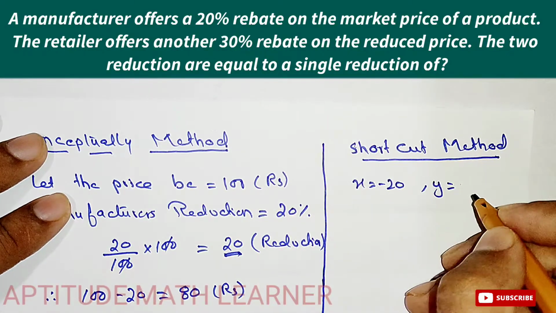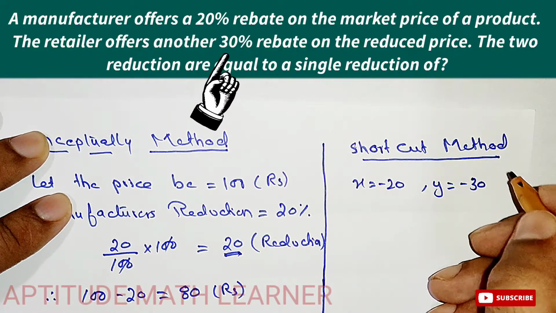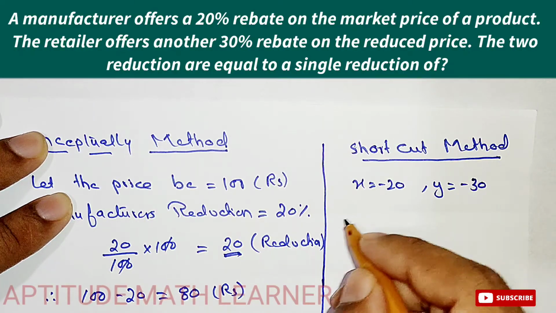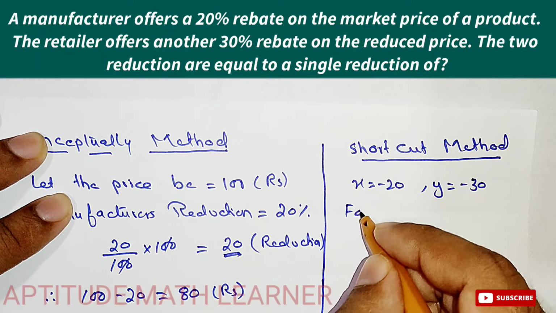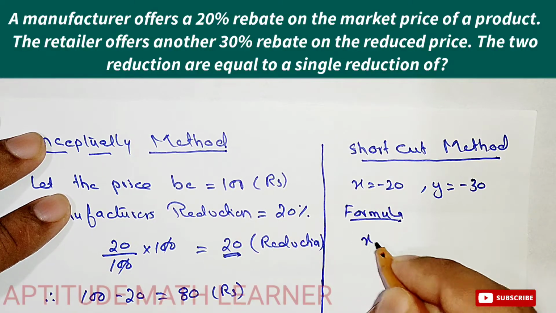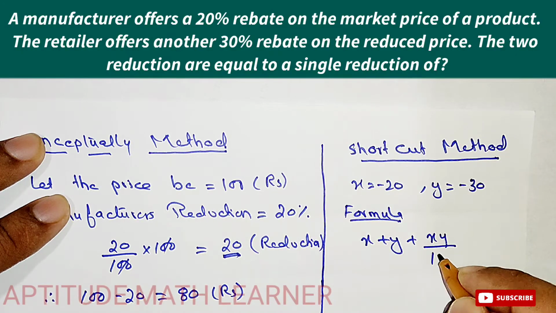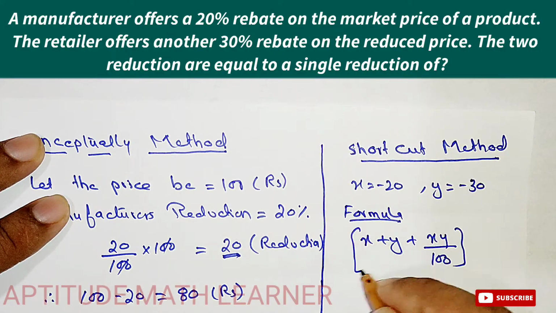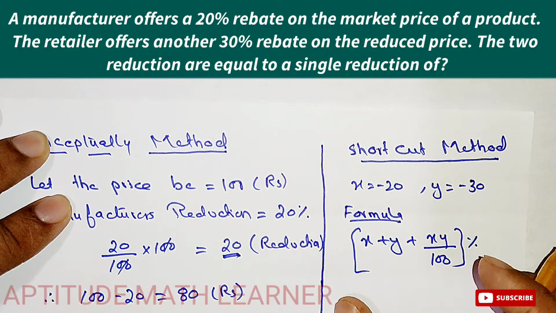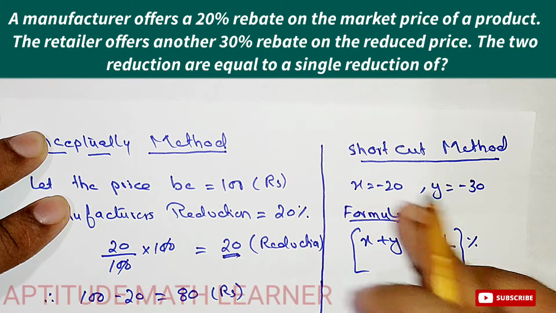And for y we take minus 30%, the reduction by the retailer. The formula, which we just have to memorize and which is very important, is x plus y plus xy divided by 100%.